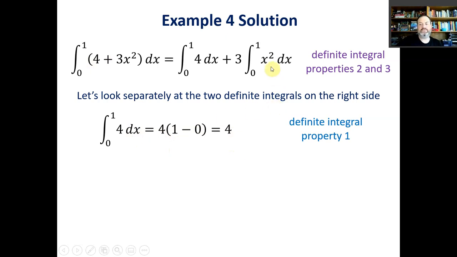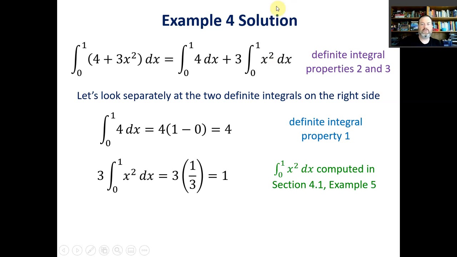Let's look at this second one. This is 3 times this integral. Well, this integral from 0 to 1 of x squared, we computed this earlier. We know that it's 1/3. So anytime you compute an integral and you just know the value, again, we're saying within a certain context, here within the class notes, my point is that I can give you the value of a certain piece of an integral, and then you use properties to rebuild it, and that's what I'm doing here.